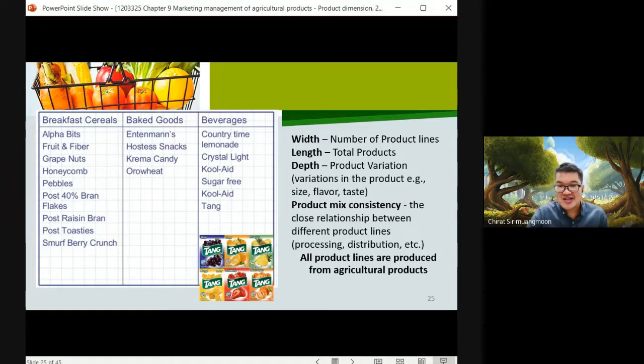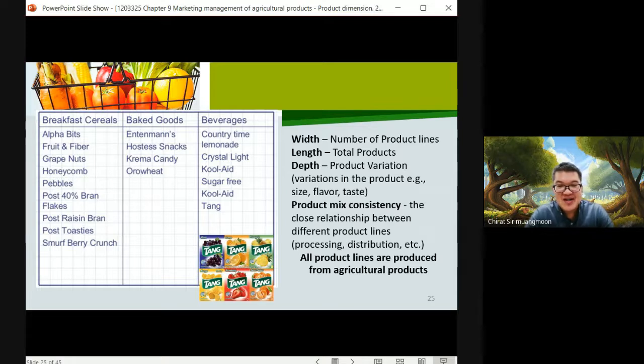It can be variation like different size, different flavor, different taste. For example, the product depth for Tang: Tang will have 6 different flavors, so they will have 6 product depth for just Tang.